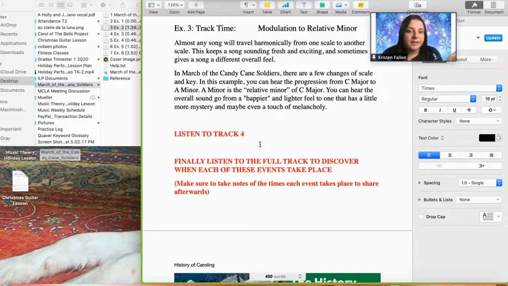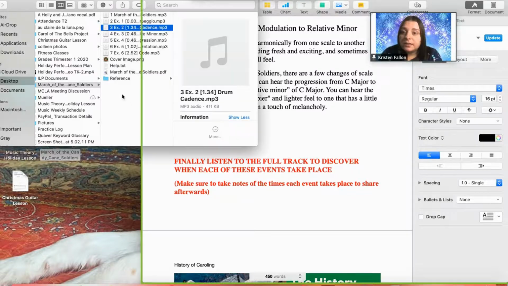And that other tidbit is A minor is the relative minor of C major, meaning they have the same notes. You can hear the overall sound go from a happier, lighter feel to one that has a little bit more mystery and even a little bit of melancholy. So this one, there's not really something for you to see. There's no visual. It's all about the sound and the feeling that goes with the sound. So let's listen to the track.